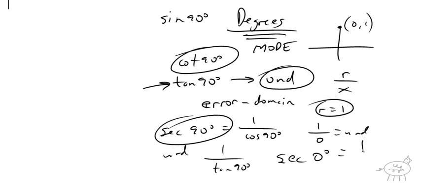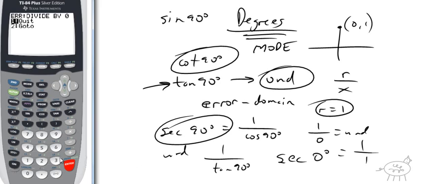Isn't that just 1 over cosine of 0? Remember, cosine starts at 1. So let's do that. 1 divided by cosine of 0. 1. That looks reasonable.